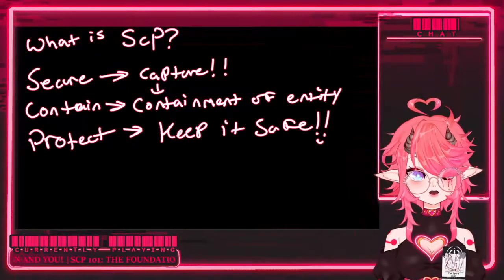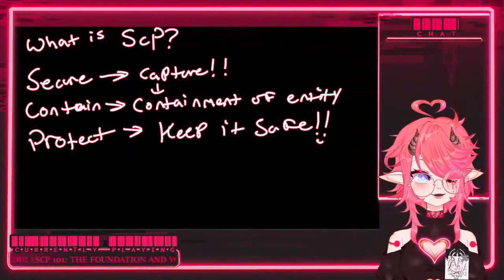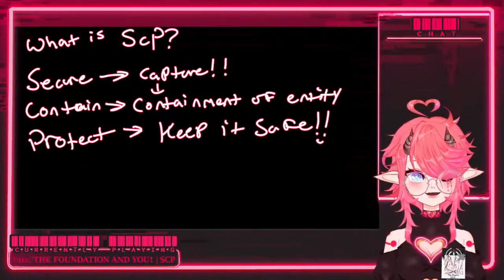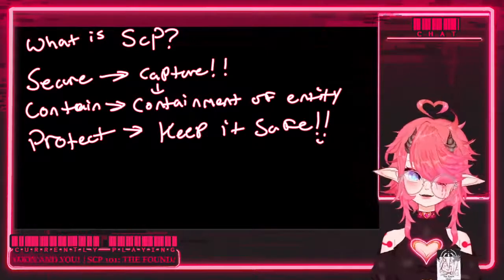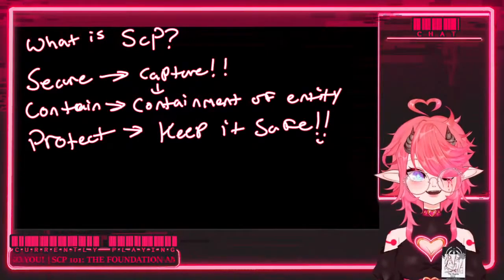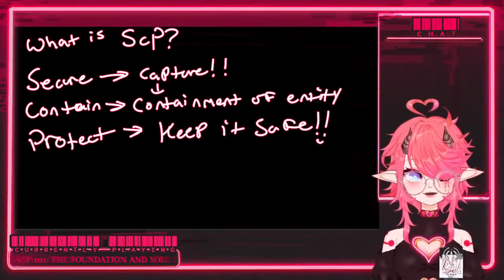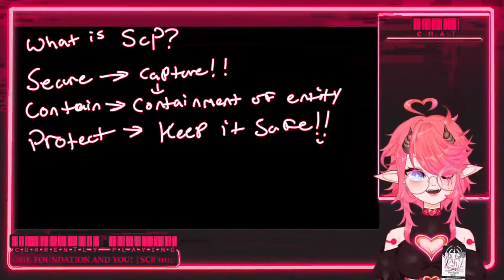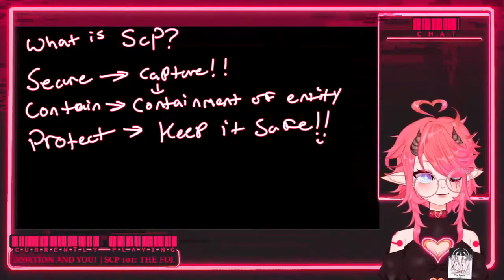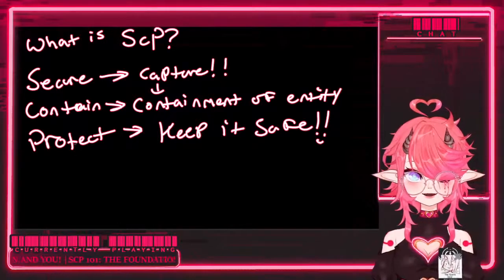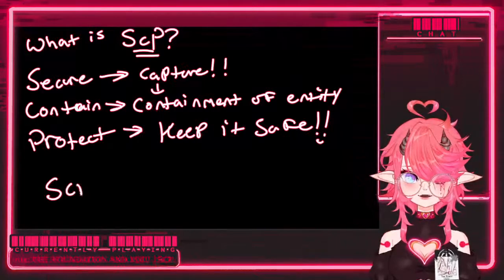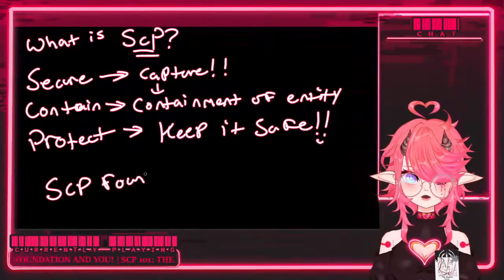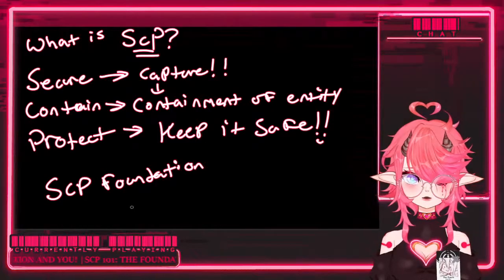There are capabilities where the Foundation considers making anomalies neutralized or no longer a threat, but it is very, very rare that it will actively attempt to destroy an item or let that entity fall into harm's way. The one thing to keep in mind about the SCP Foundation itself is that it is morally gray.